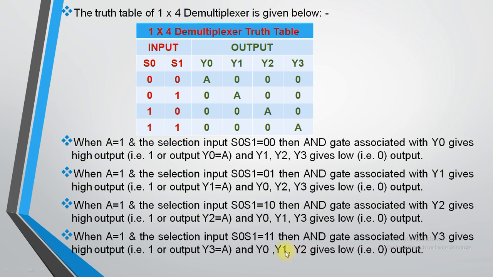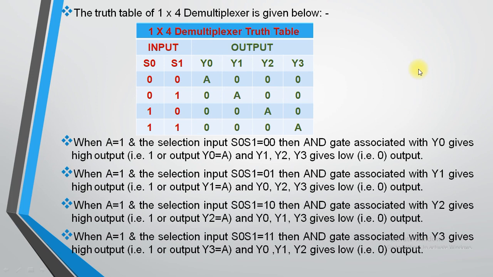So Y0, Y1 and Y2, these three variables produce low output, which can be represented using 0. So this is the truth table of the demultiplexer, which is the opposite of the multiplexer. A 4 by 1 multiplexer is there, and a 1 by 4 demultiplexer is there.